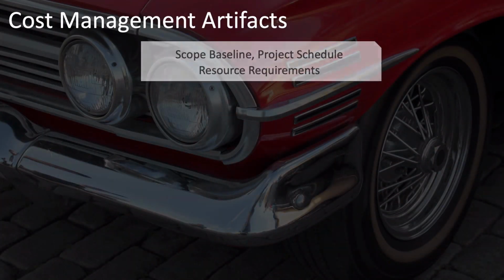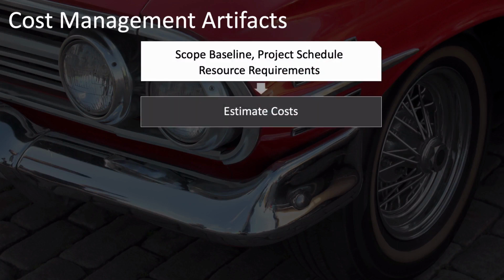Your first task in cost planning is to estimate costs. So that's your first process, estimate costs. In order to estimate costs, you naturally need to know information about the scope, schedule, and resources available to you. So your inputs are the scope baseline, the project schedule, and the resource requirements.